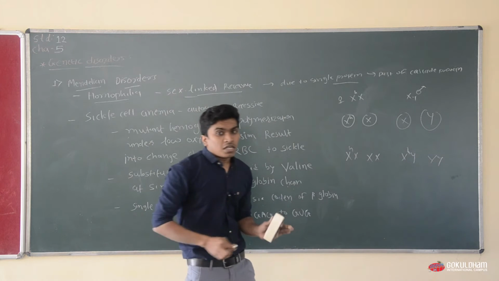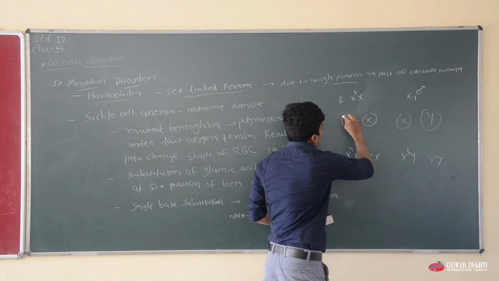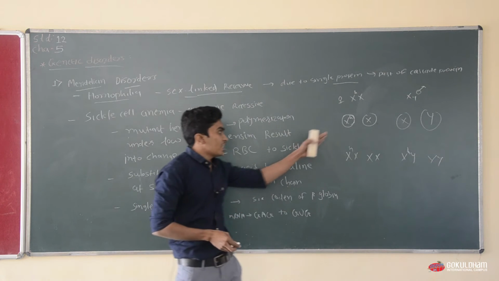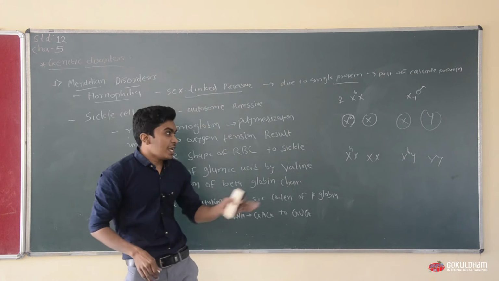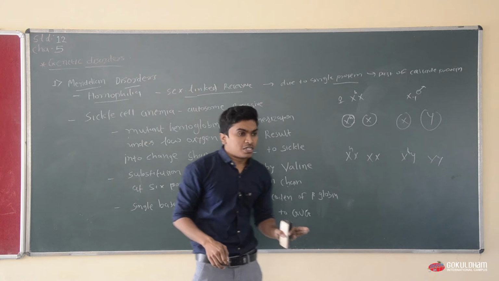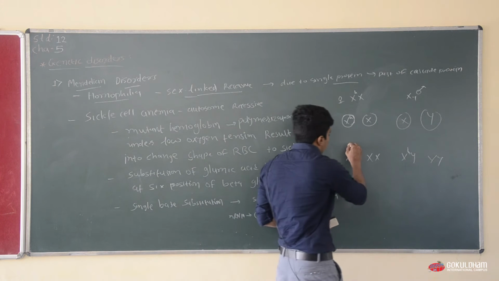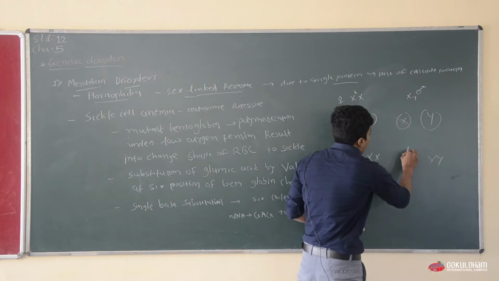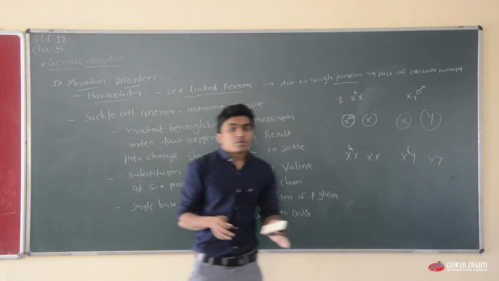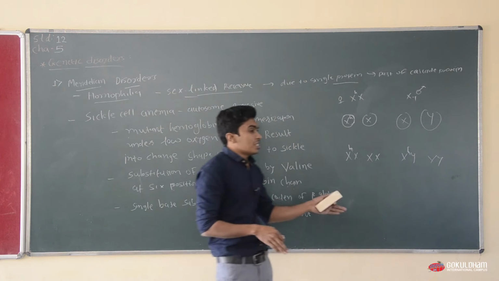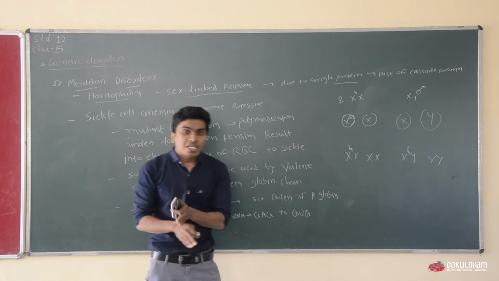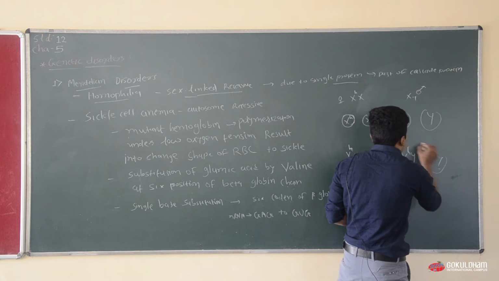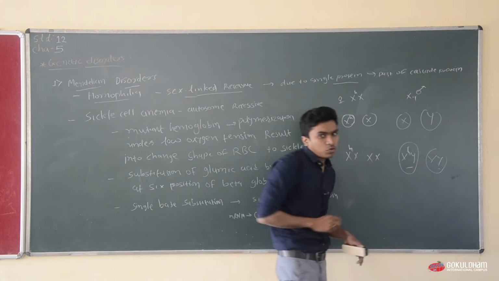This female will produce two different kinds of gamete, one having the hemophilia gene and another normal. When they cross, there is a probability that 50% of the sons produced by that couple will have hemophilia, and 50% will not have hemophilia.